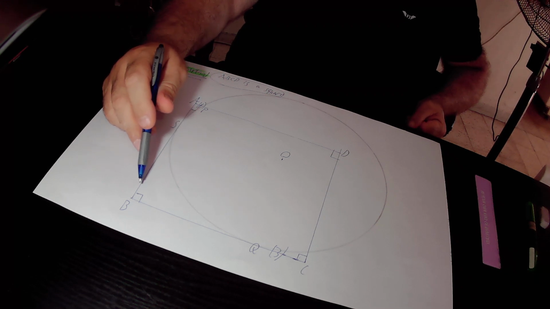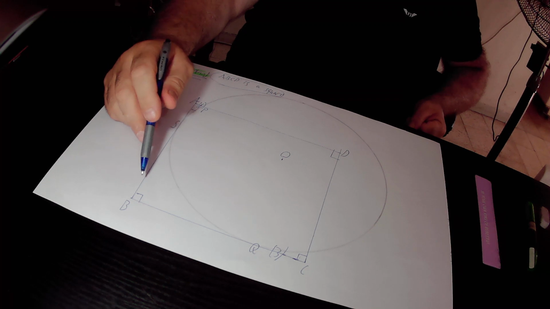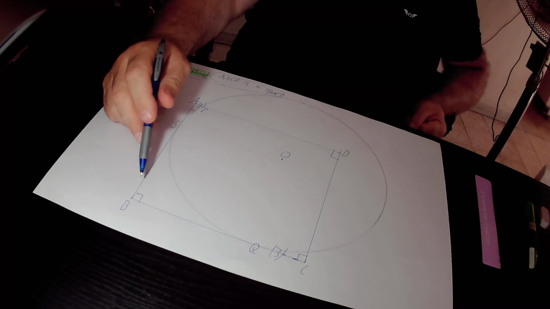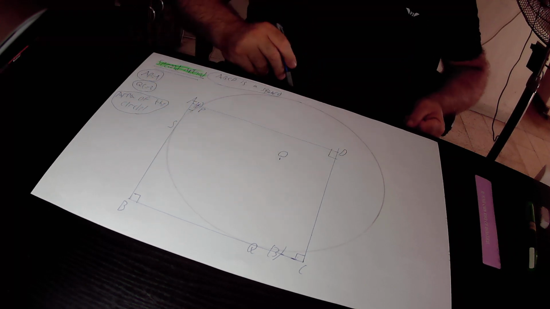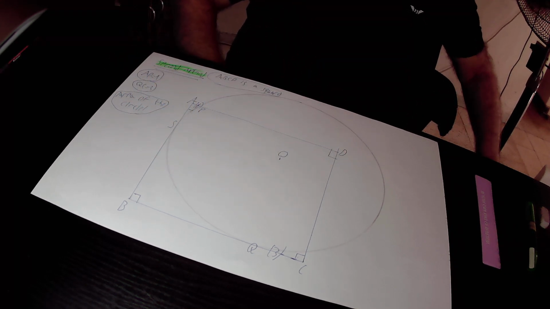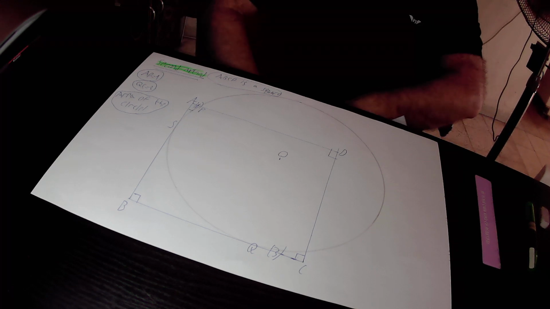For the common external point B, we have two tangents to this circle, tangent BS and tangent BQ. And according to rule 2, they are equal to each other.